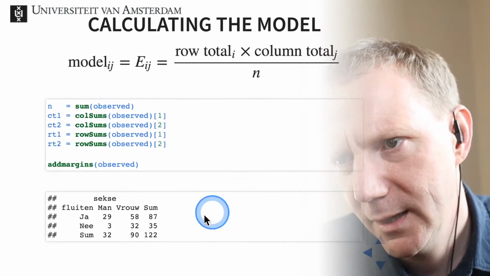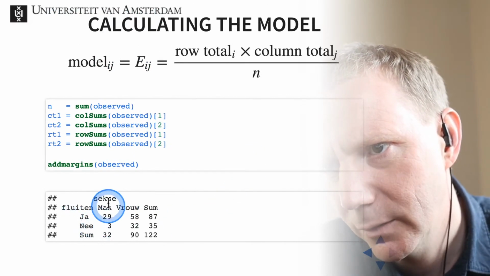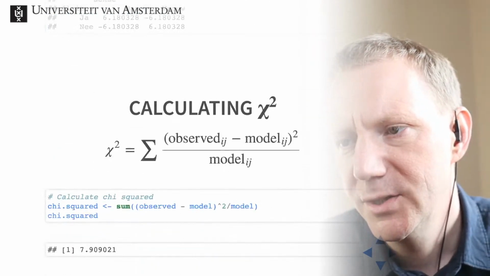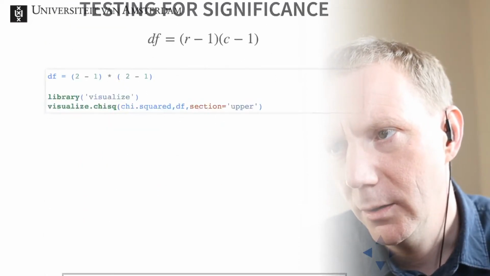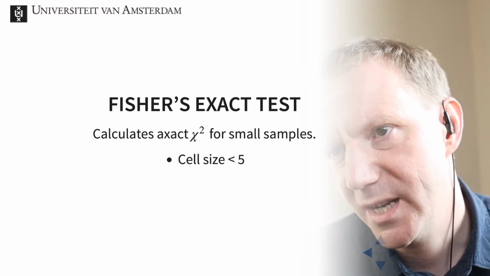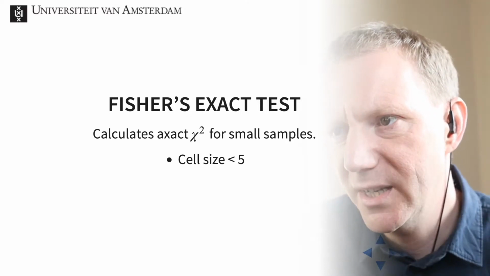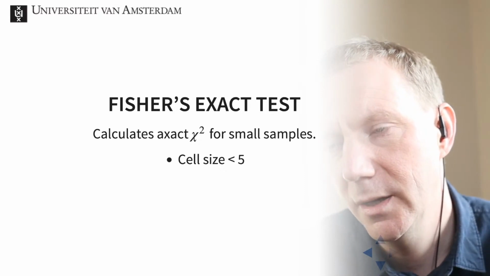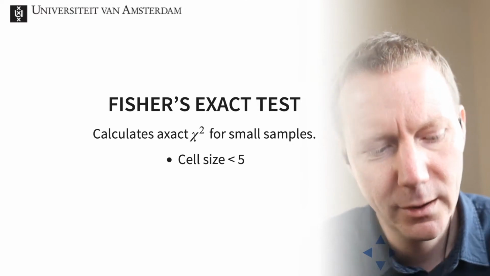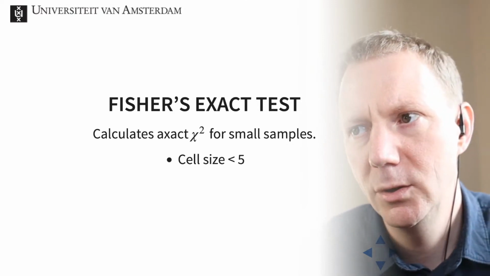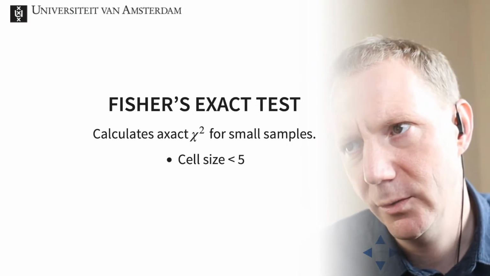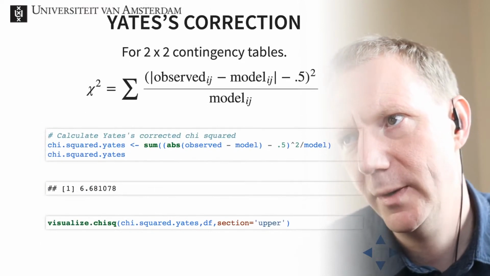We had 3 here in the cell for the males that could not whistle. So there are some corrections available also within SPSS, and Field covers these. One of them is the Fisher's exact test, which you can do if one of the cells has fewer than 2 observations. So instead of calculating the regular chi-square value, you would calculate the exact chi-square value, the Fisher's exact chi-square value.